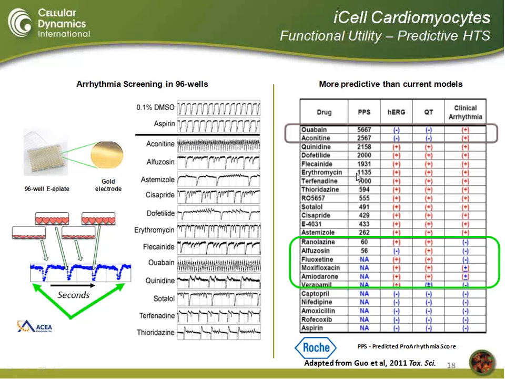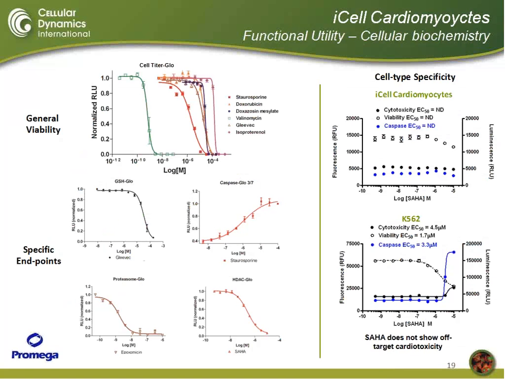Compounds that were positive in both were again detected by the iCell cardiomyocytes, and compounds that were positive in vitro but negative in vivo were also detected by the iCell cardiomyocytes as having a very low risk. And again, the compounds that were negative throughout were negative in the iCell cardiomyocytes. So this really shows the predictive value of the iCell cardiomyocytes and their utility.